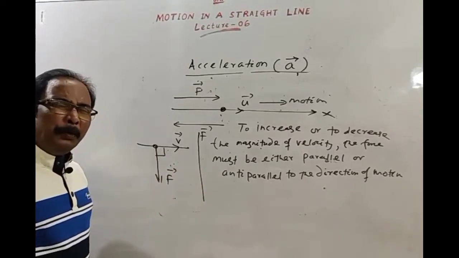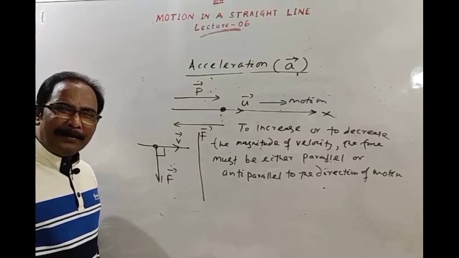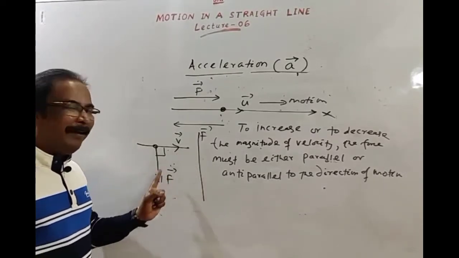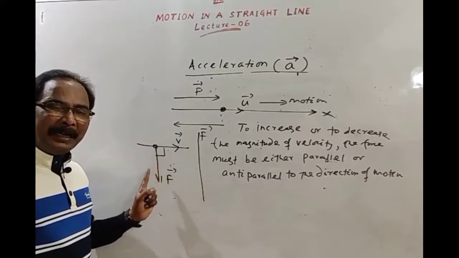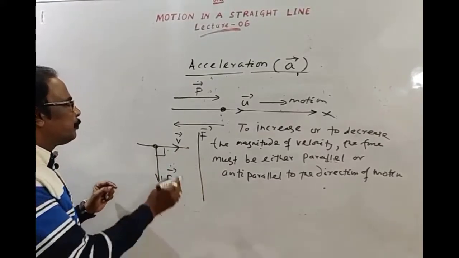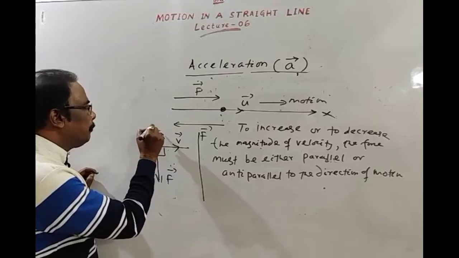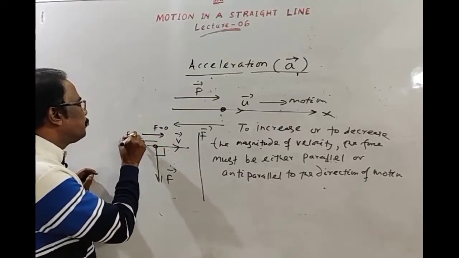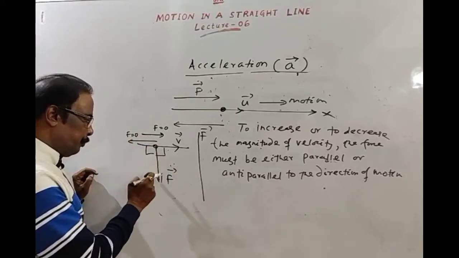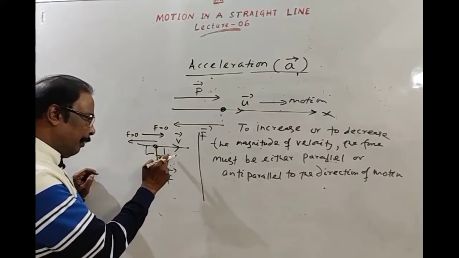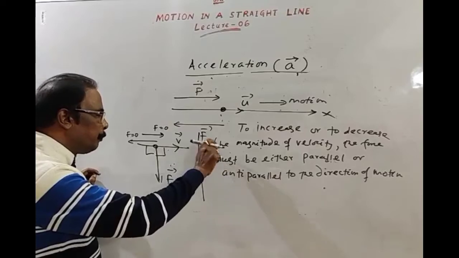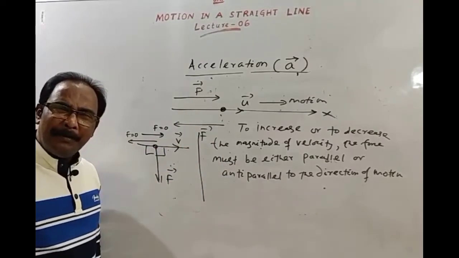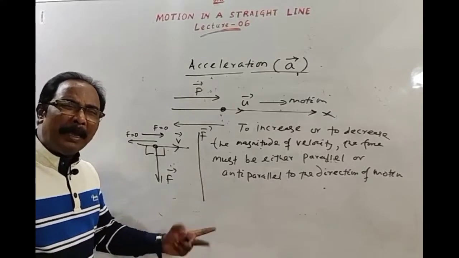As you know from vector analysis, a vector has no component at an angle of 90 degrees to its direction. This force has no component along the direction of velocity or opposite to it, because the force makes an angle of 90 degrees with the direction of motion. Thus this applied force can never change the magnitude of velocity.